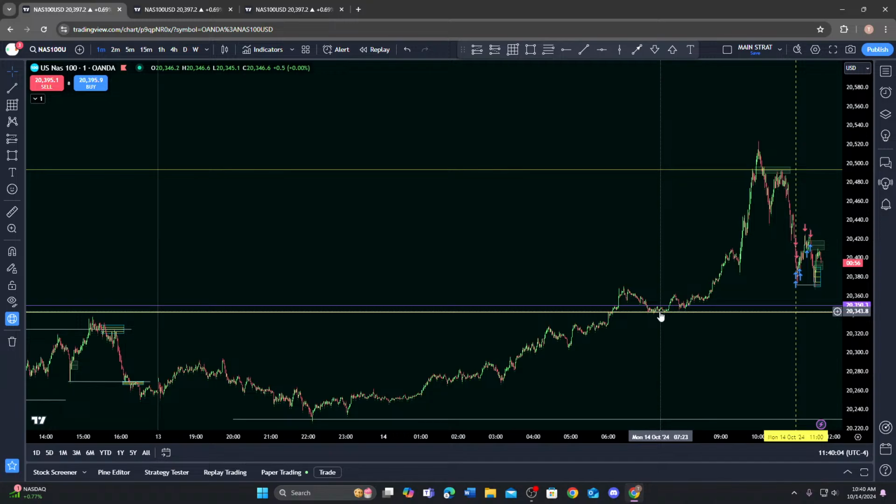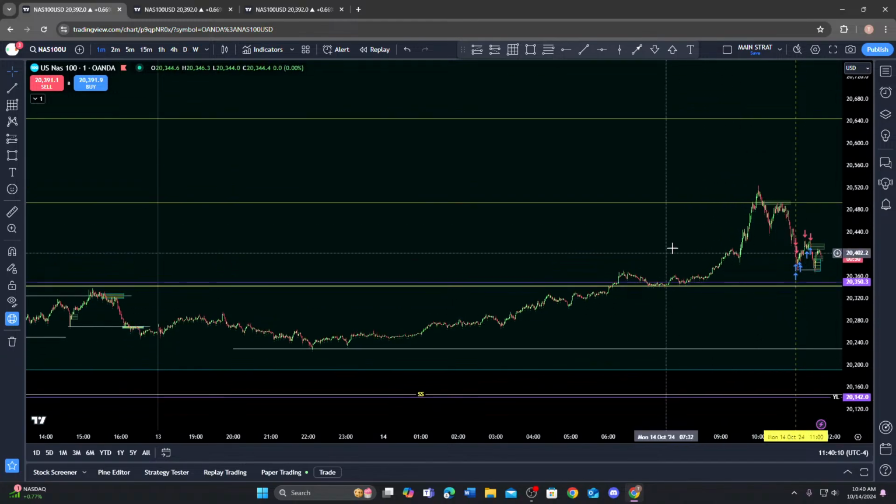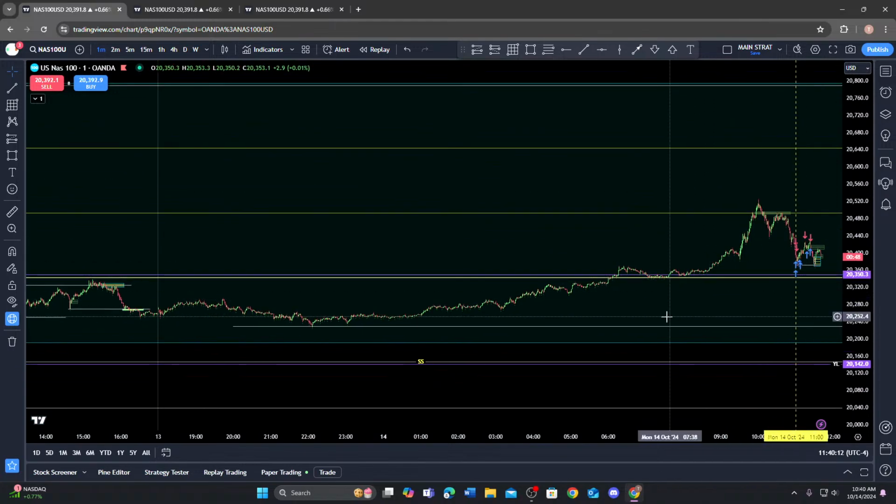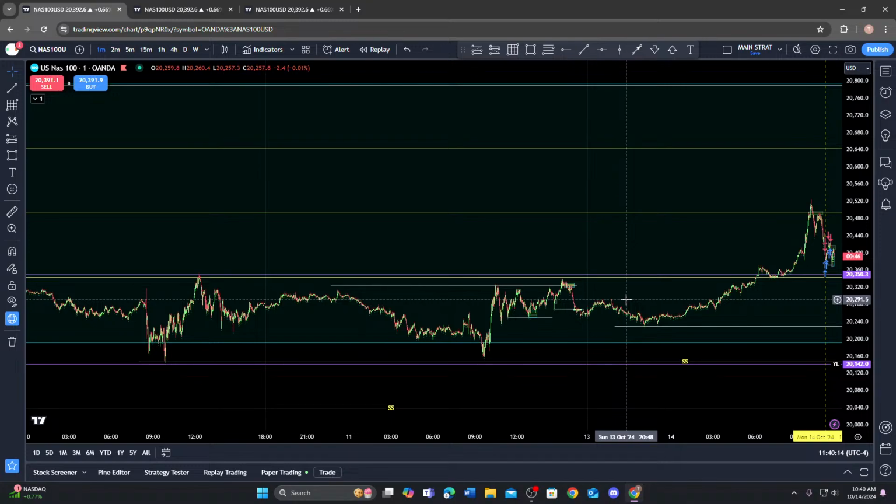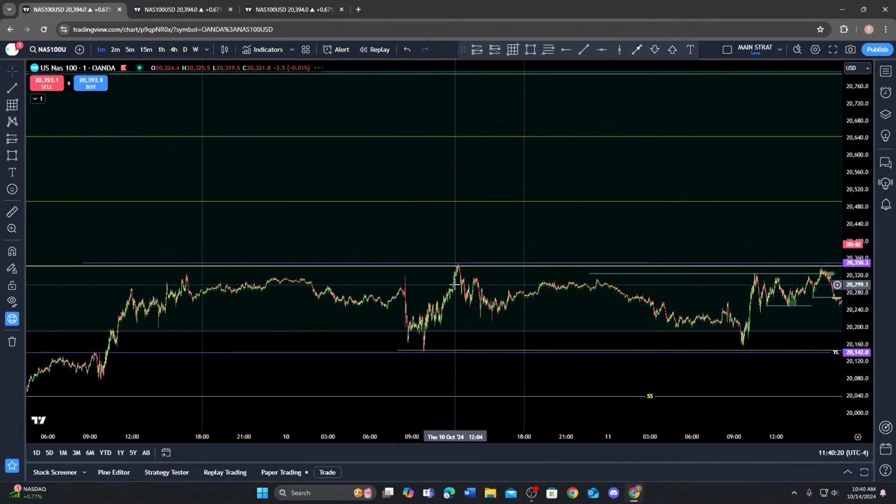It traded down there perfectly, found support off of that 25% level, and moved higher. Even right here, this position was at the 25% retracement inside that order block. Price went lower. We could take some trades in here.